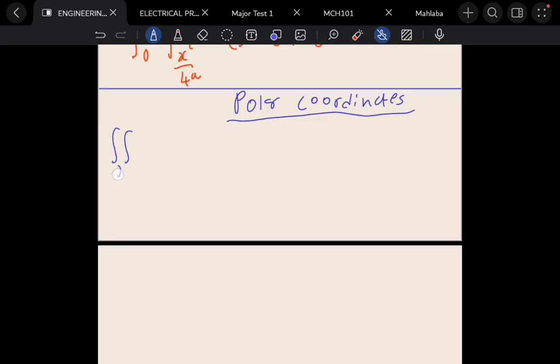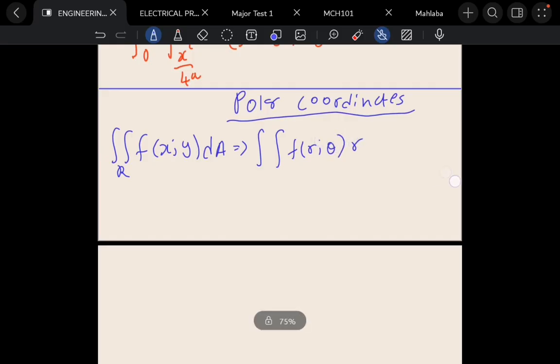Let's say you are given a double integral in terms of x and y with some particular differential dx dy or dy dx. Polar coordinates will change the integral to f of r cos theta, r sin theta, times r dr d theta, where one integral is the theta integral and the other is the r integral.